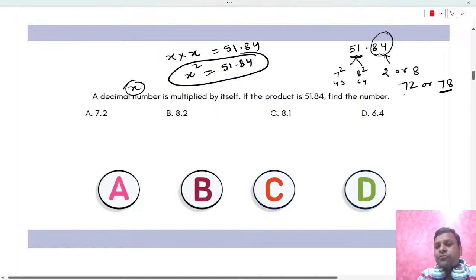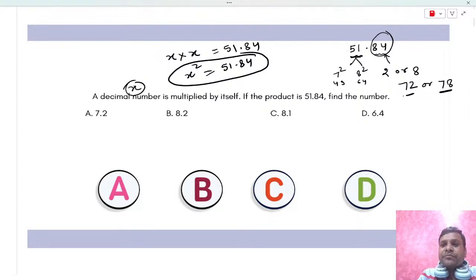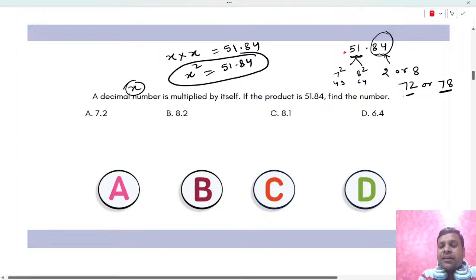We have to choose which one should be the answer, 72 or 78. Now look at here. 51 is nearer to 49 than 64, so the answer is near 7. Near 7 the answer is 72. But the point is here, so the answer is 7.2. So 7.2 is the correct answer. Okay, this is the approximation method.